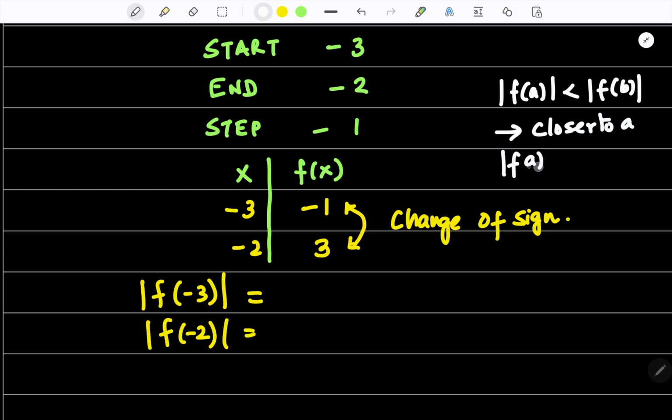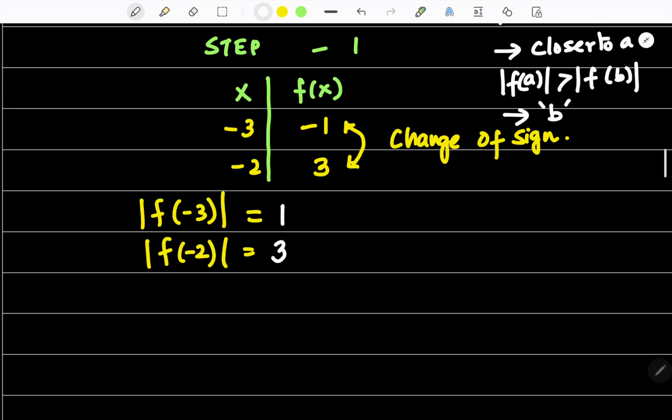Absolute value of f of a is more than absolute value of f of b. The root is closer to what? B. So this is the formula. So we need to find out, before start the iteration, we need to make sure where the root lies and what type of initial approximation we can take it. Okay, right. So f of minus 3 is plus 1 and this is going to become what? Plus 3. So what is the conclusion?